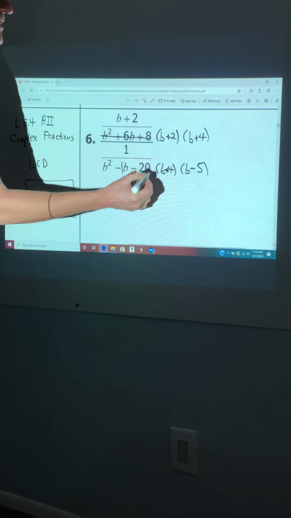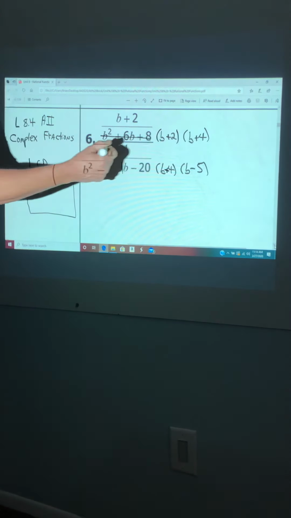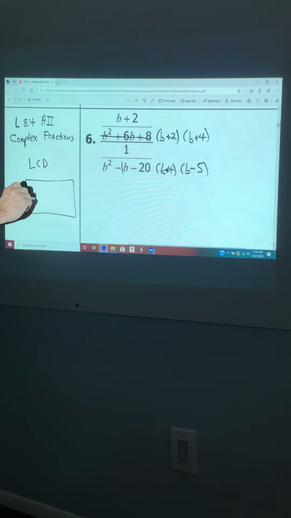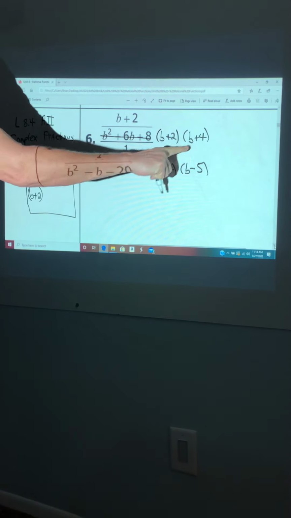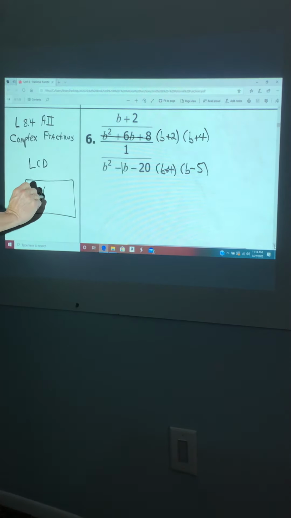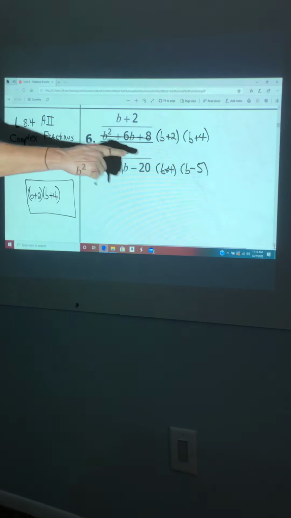I see a factor of b plus 2, gotta have it. I see a factor of b plus 4, and it showed up on the other one, but the same amount of times, so you only have to write it once. And then finally, I see this b minus 5.